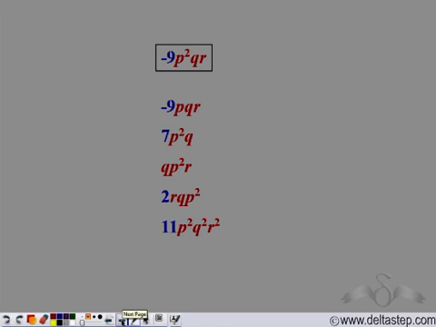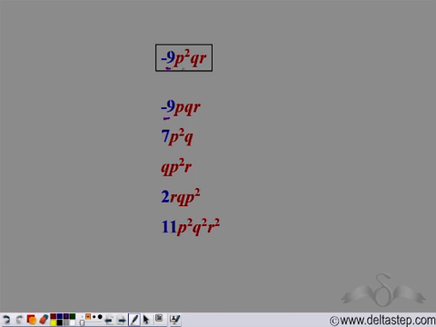Now, -9p²qr. This is a term. Now, which of these terms is a like term of this term? Let us see. -9pqr. We see that these two have the same numerical part. But we are not concerned about numerical part. We are concerned about the algebraic part. So let us check their algebraic part.